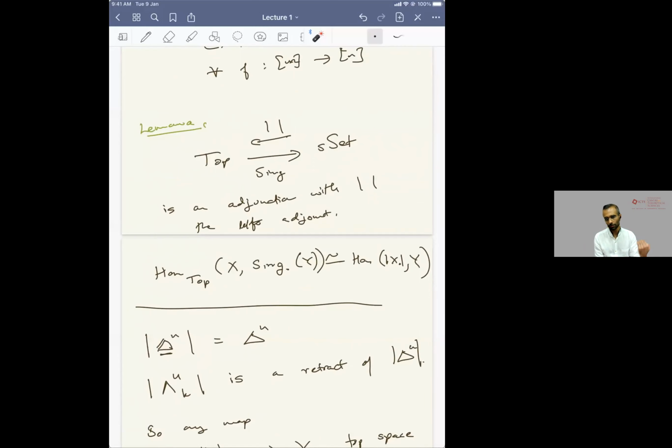If you identify homotopy equivalent topological spaces and you identify weakly homotopy equivalent simplicial sets, then topological spaces up to weak homotopy equivalence are the same thing as simplicial sets up to weak homotopy equivalence. So as homotopy theories, there are two different ways of thinking about homotopy theory.